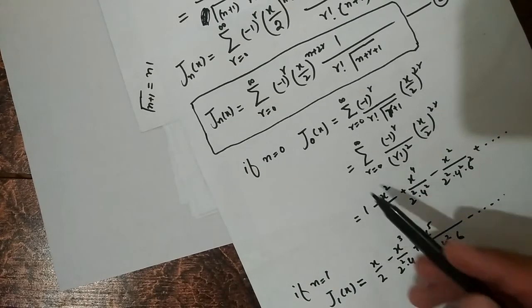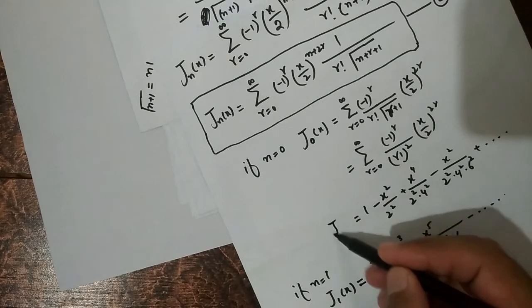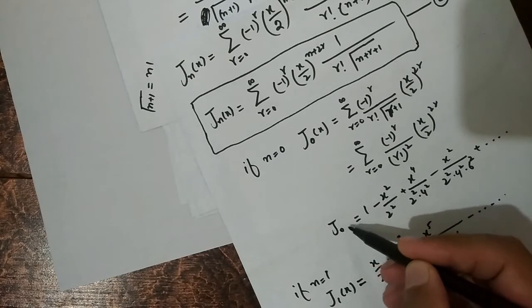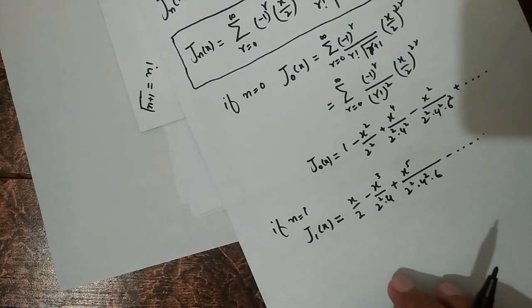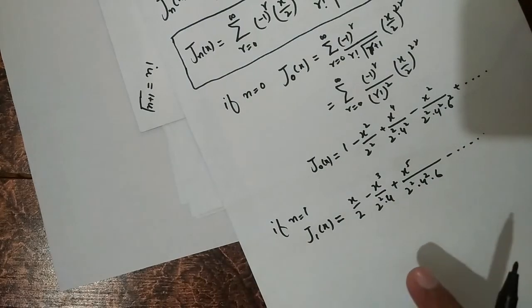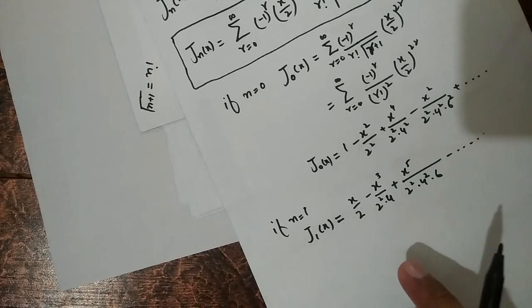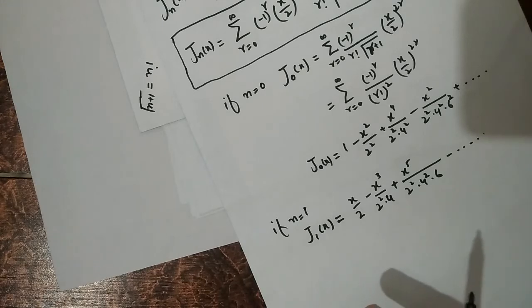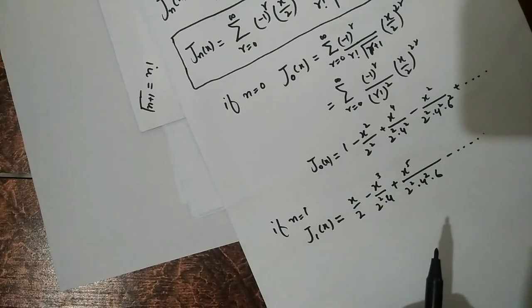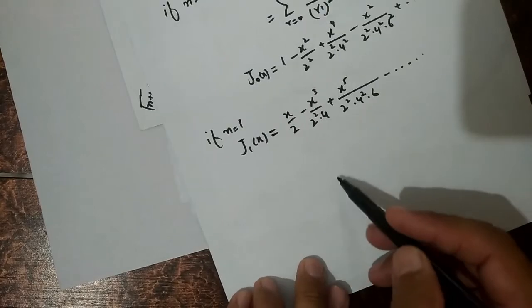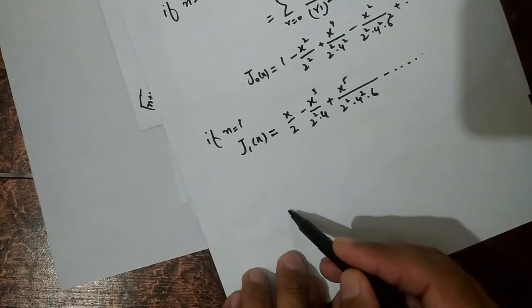If we plot these two functions, J naught of x and J1 of x, both the functions are oscillatory with varying period and decreasing amplitude. So I'm going to draw the graph of these two functions. The graph will become like this one.